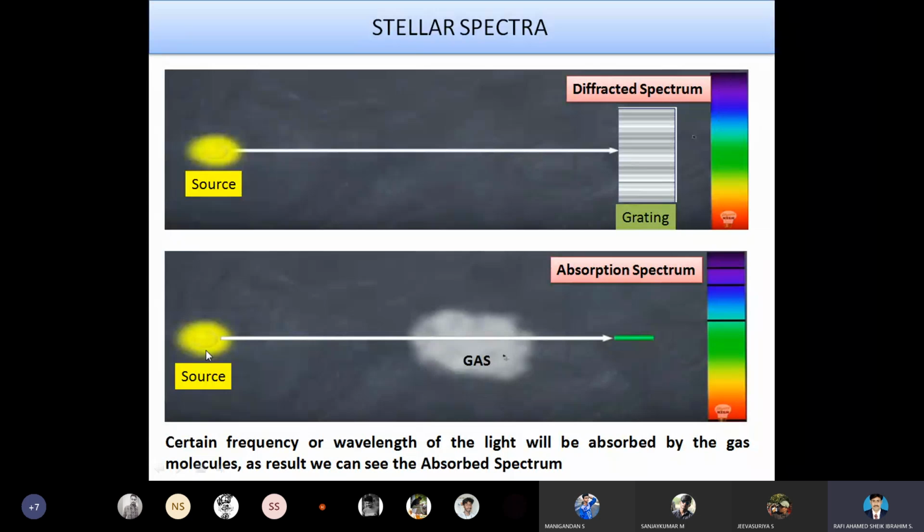But when the electromagnetic radiation is bombarded on the gaseous cloud, the gaseous molecules attract the electromagnetic radiation energy and absorb the radiation, and as a result we can see changes in the spectrum. Here we can see the dark lines. These dark lines are nothing but absorbed lines.